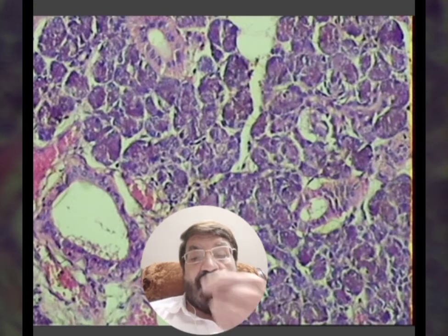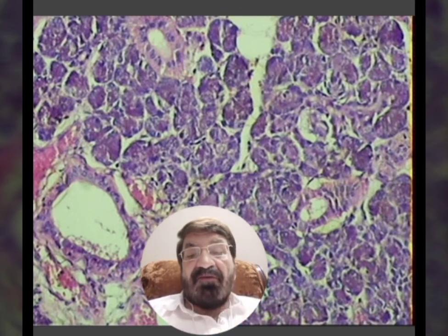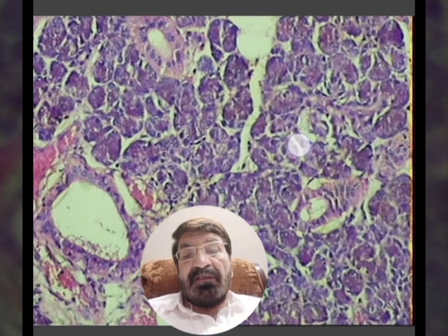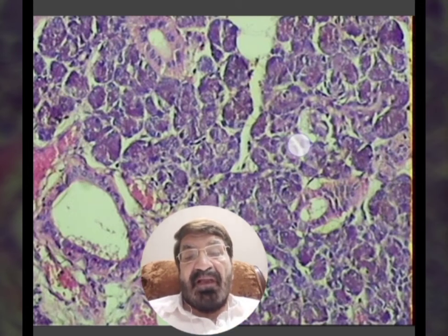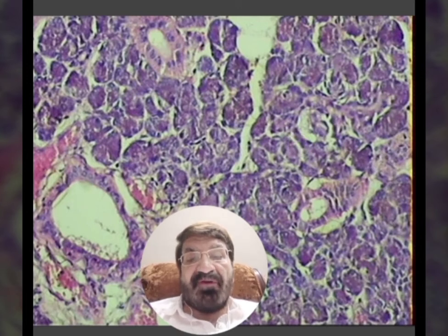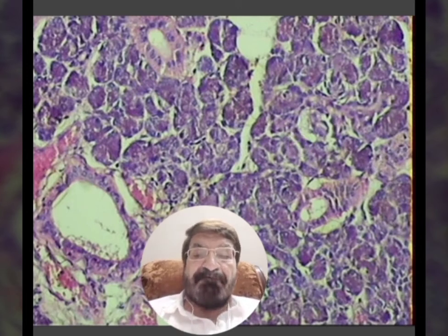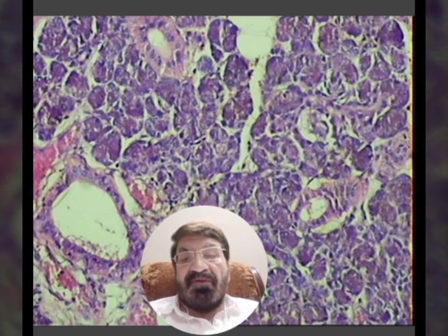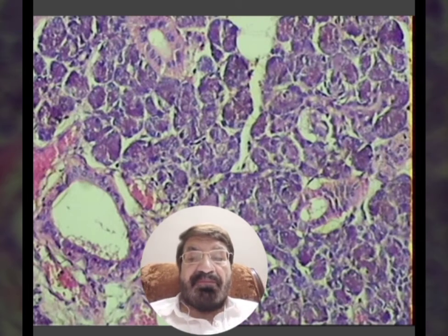There are pyramidal cells in the lining, but you cannot appreciate that in the case of the serous alveoli. The cells are pyramidal, but they have rounded nuclei present in the basal half of the cell, and the lumen is not visible. This is the duct of the parotid gland.